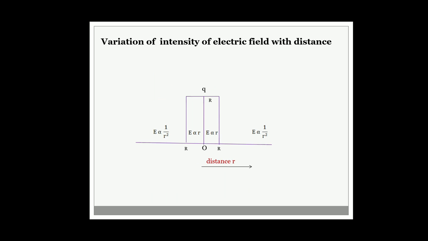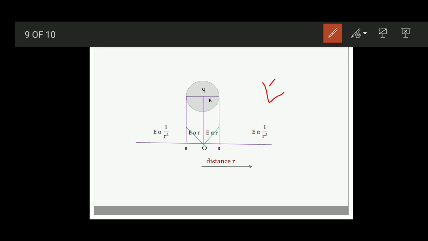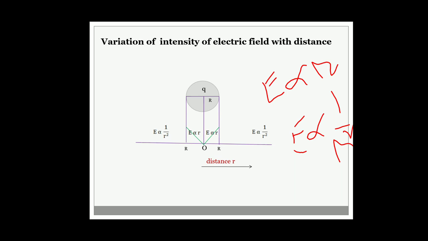So from the above equations, the intensity of electric field varies inversely outside of the charged sphere, and inside of the charged sphere the intensity of electric field is directly proportional to distance, that is E is proportional to r inside of the charged sphere, and E is proportional to 1 by r square outside of the charged sphere.